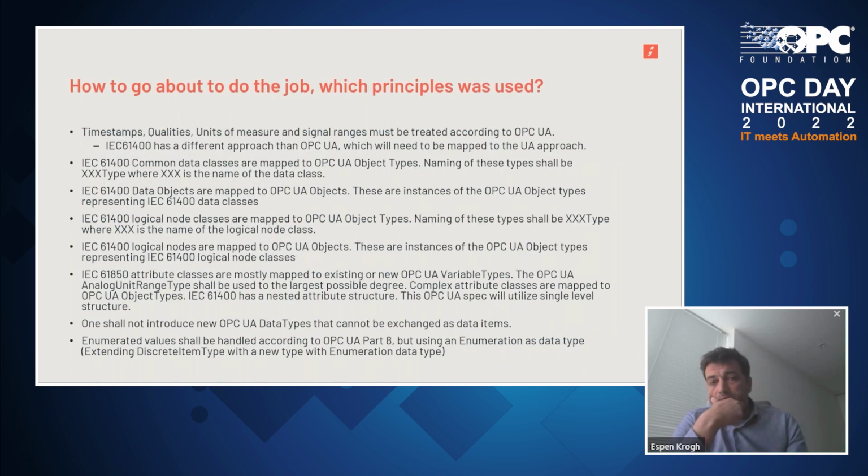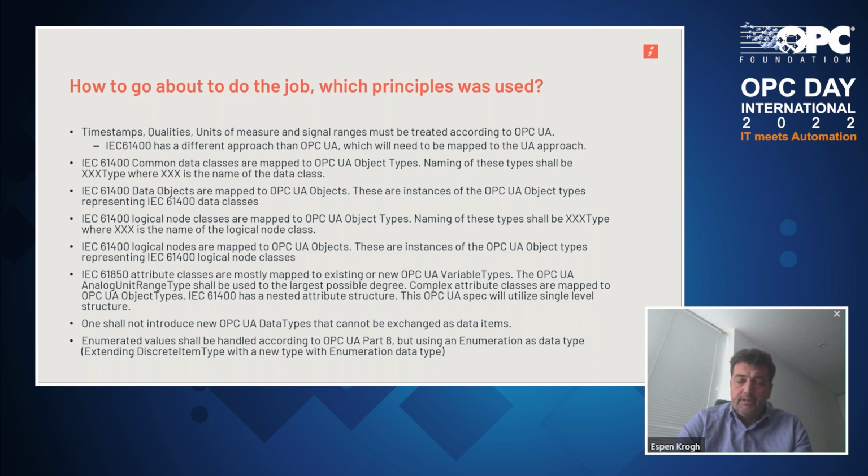So we used a set of principles when creating this information model and based it on the other IEC standards. I'm not going to go into each detail of the principles. For those interested, you can read them.